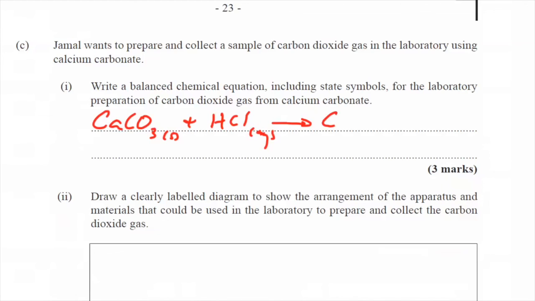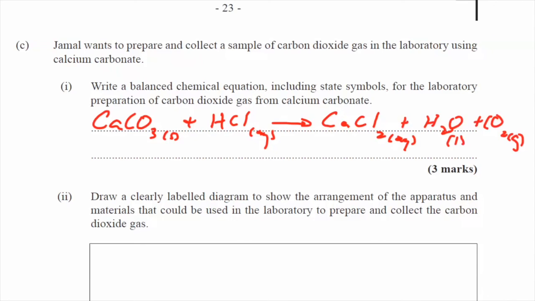That would give us calcium chloride, CaCl2, aqueous. Carbonate plus acid will give us salt, water, H2O liquid, and carbon dioxide, CO2 gas.